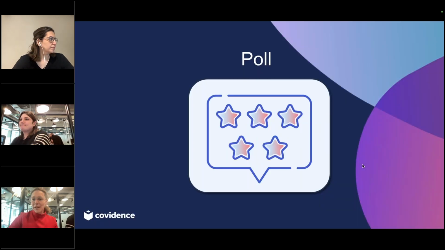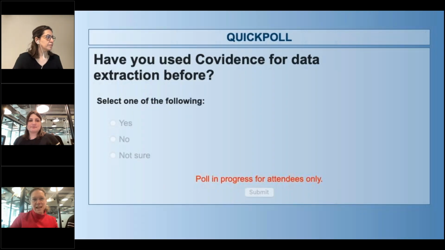Okay. Just quickly before we do any of that, I've got a question for you. So that should be appearing on your screen around about now. Please tell us, have you ever used Covidence for data extraction before? I can see lots of you have already voted. Thanks very much.